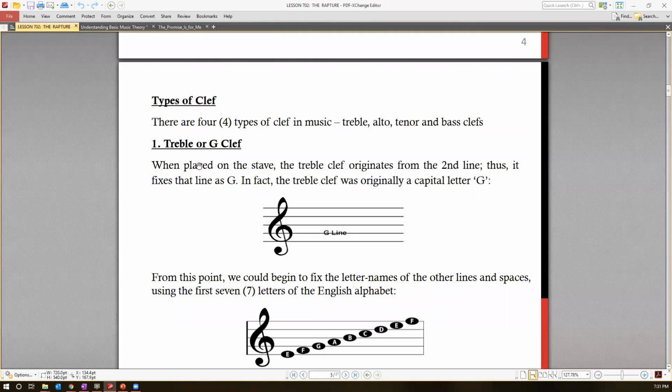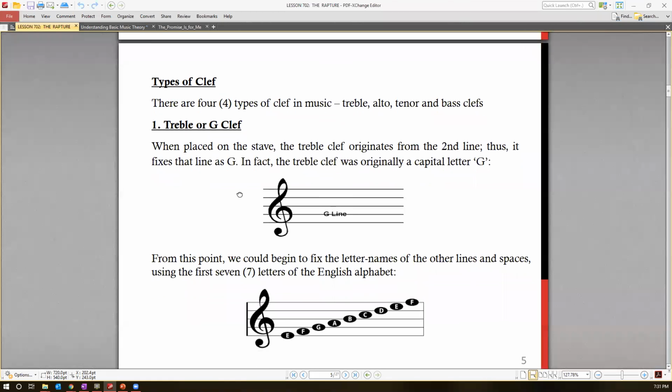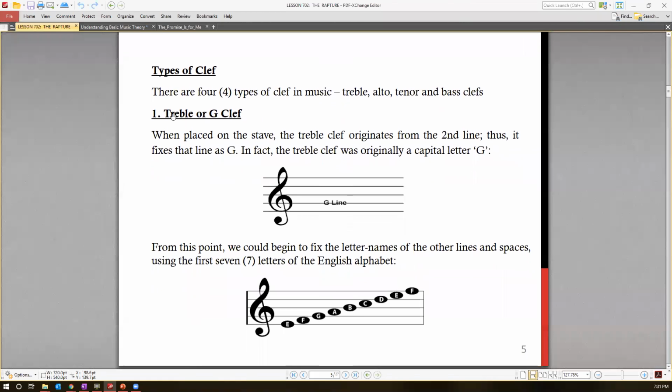When we see that clef, where the clef surrounds a line, we know that it's a specific letter. From there, we can use that to place all our other letters relative to the clef we are considering.